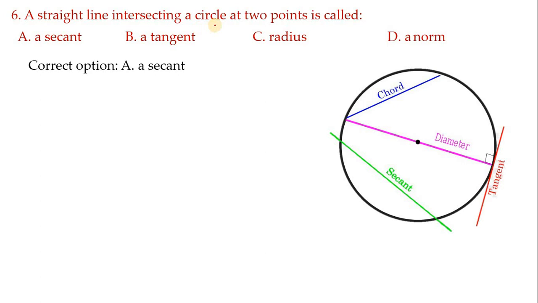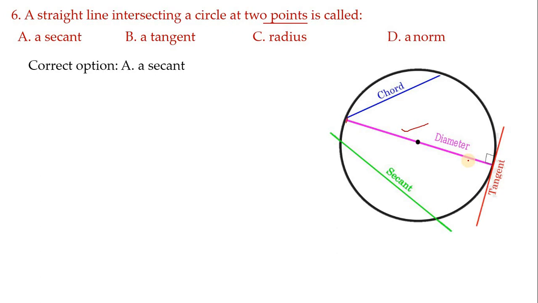A straight line intersecting circle at 2 points. Usually what children will do, they'll write diameter. So in option diameter is not there, okay. But if there is the option diameter, they'll write the diameter. Diameter is touching the circle at 2 points, I'll agree, but it is not passing through the circle. It has to intersect the circle and it has to pass through the circle.